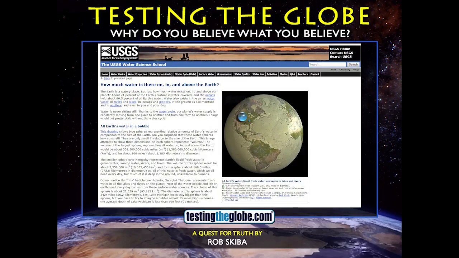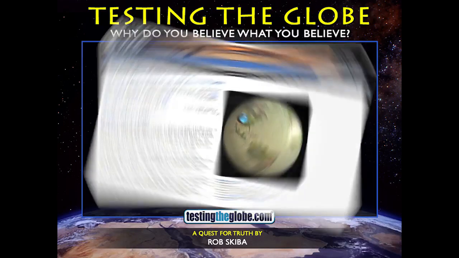Last time I looked it up, I think the total amount of water on the Earth is something like 332.5 million cubic miles of water, 96% of which is salt water, like the oceans. That's a lot of water. That's a lot of weight.